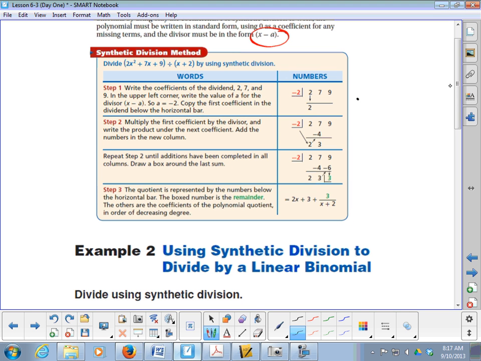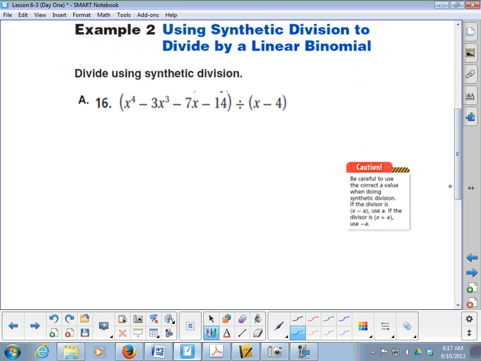The value of a is the most important part of our starting. If it's a linear factor in the form of x minus a, we need to figure out what the value of a is first of all. So in this case, what would be our value for a?